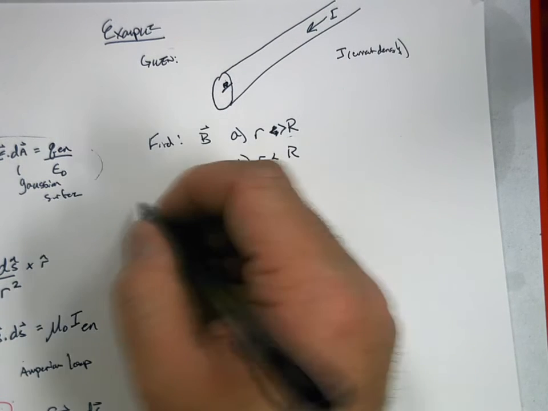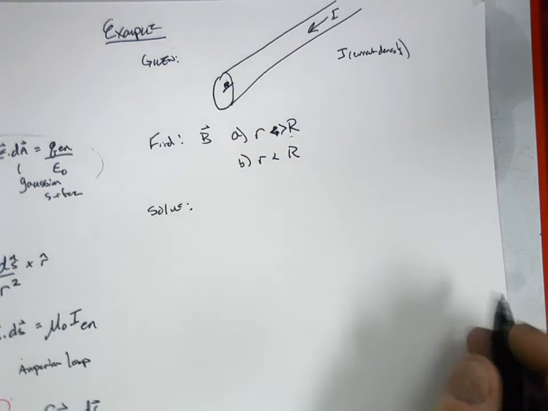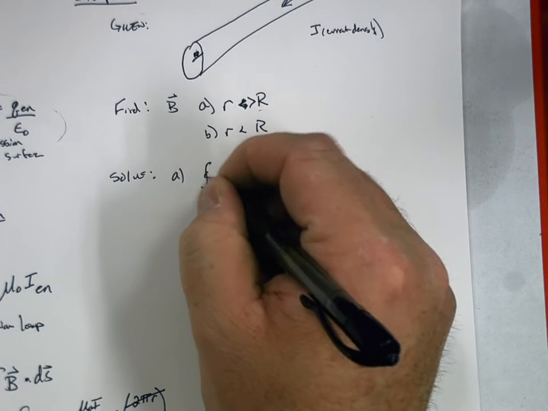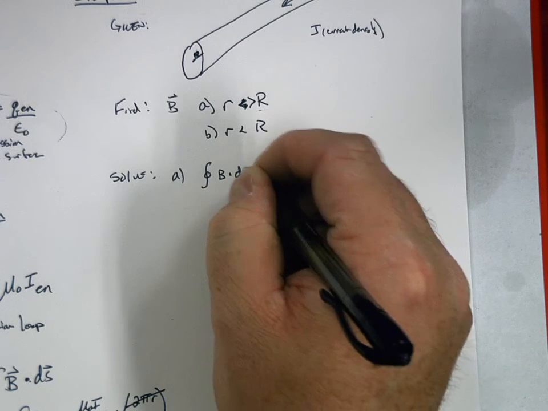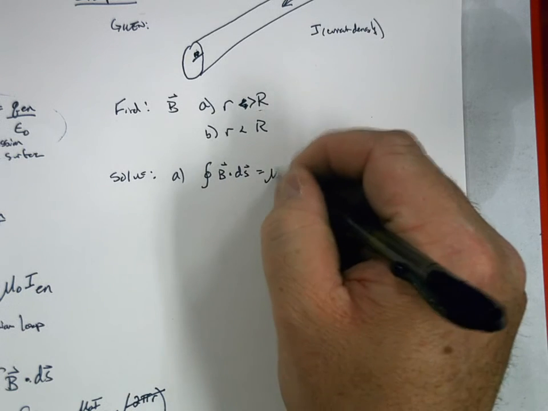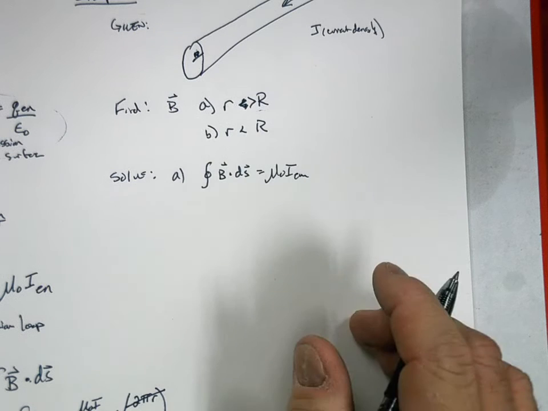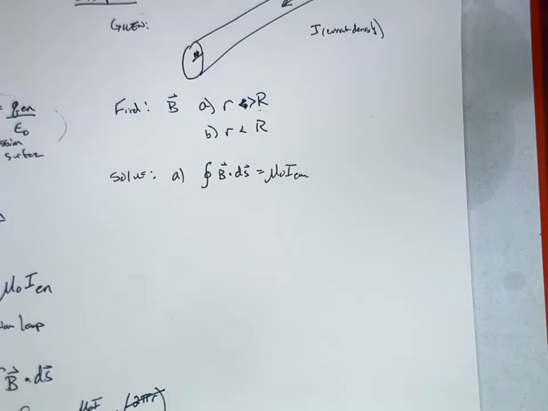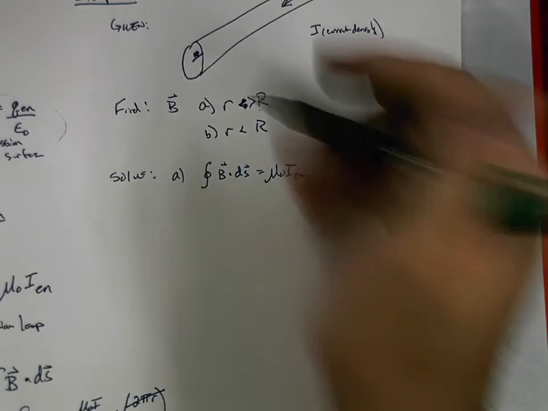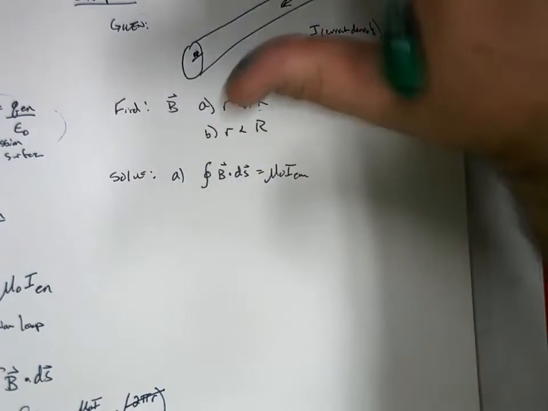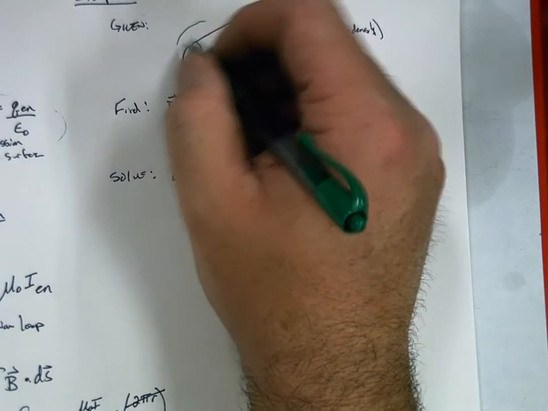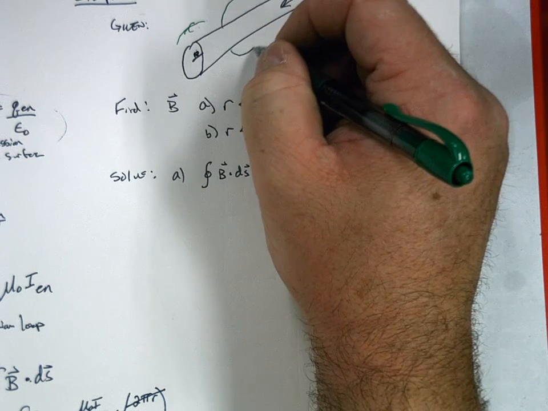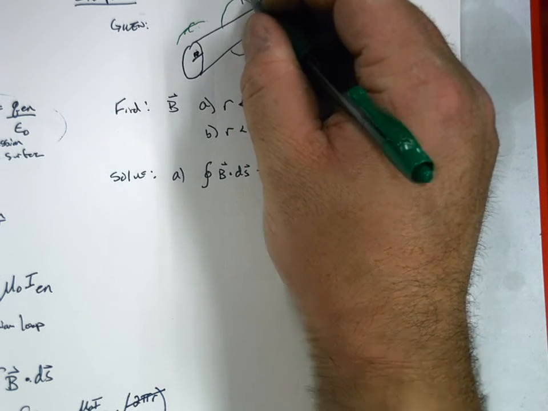So for A, we have the integral of B dot ds equals mu naught I enclosed. We're taking a loop. Current is going this way, so the magnetic field goes in that direction.